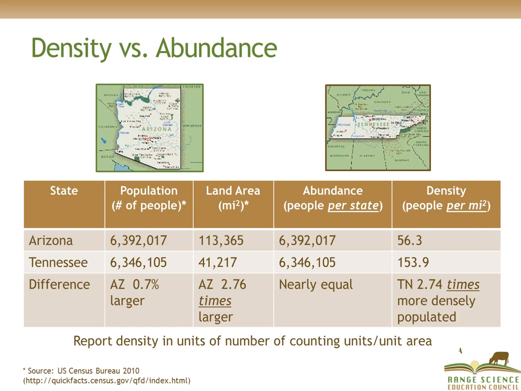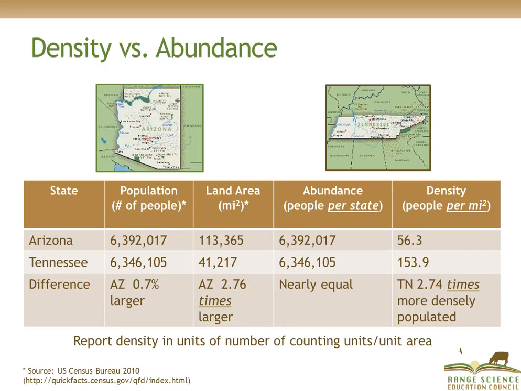The populations of these two states is actually quite similar, coming in at just below 6,400,000 for both of them. The size of Arizona's population is just under 1% larger than the population of Tennessee. Now, they do differ significantly in their land area.